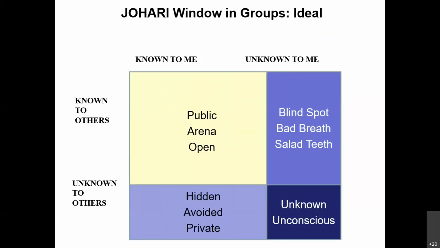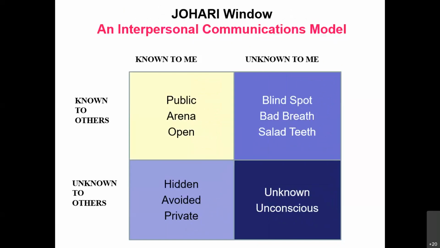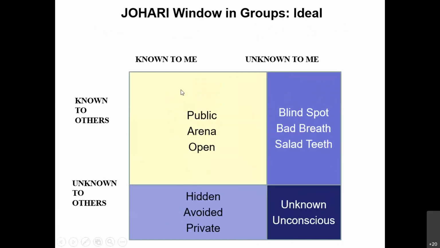This is an example of an ideal Johari window. In the Johari window in groups, the known to me, known to others square must be as large as possible. All human beings are social animals, which means that as much as possible, we should not have a hidden agenda.